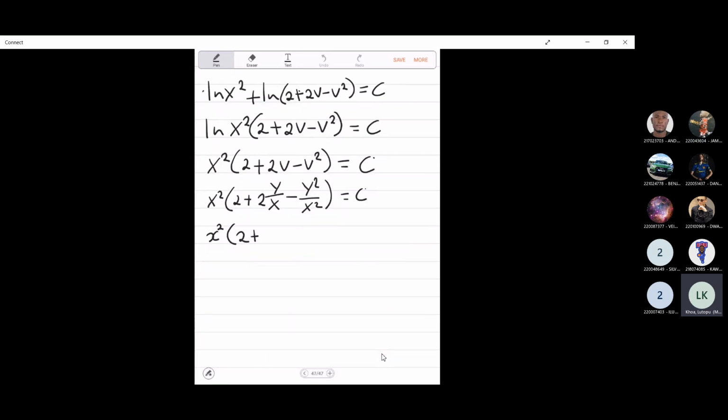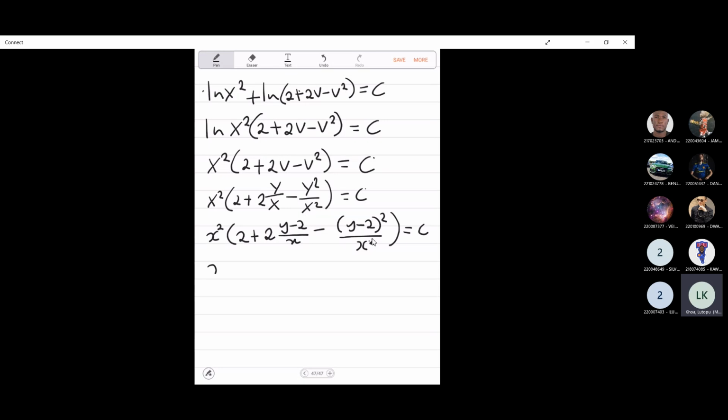Okay, so I have 2 times small y minus 2 over x, minus y minus 2 squared over x squared, and this is equal to, just write this better. This is my constant c.